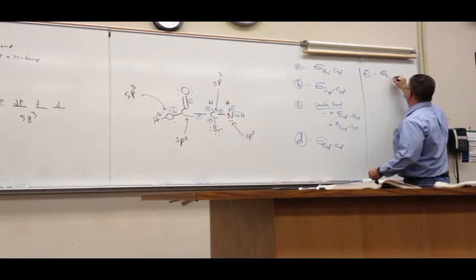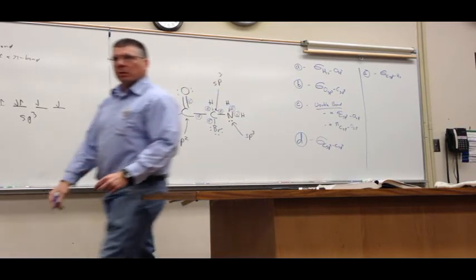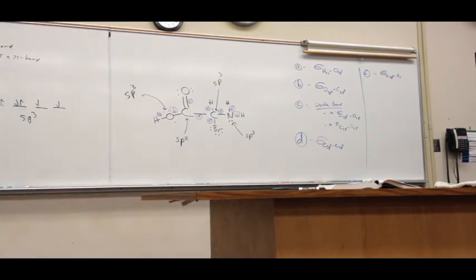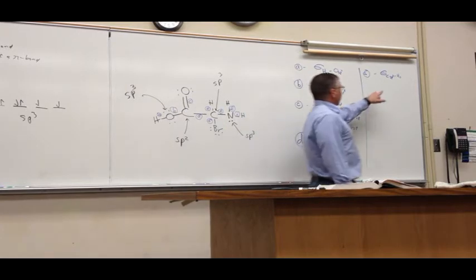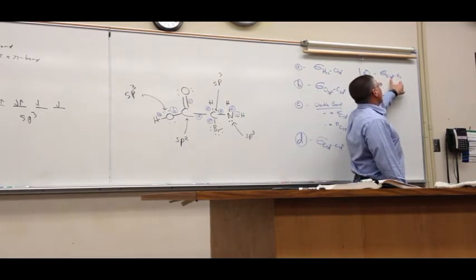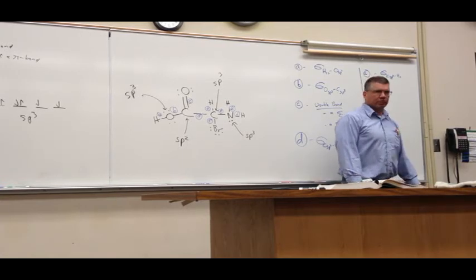So carbon sp3 and hydrogen 1s. Does it matter which one you put first? It doesn't matter, no. That's a good point, I meant to mention that. When writing it in this notation, I could have written carbon sp3 hydrogen 1s or hydrogen 1s carbon sp3. Either way is fine.